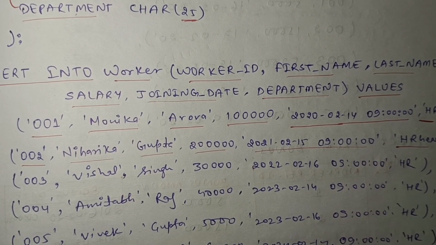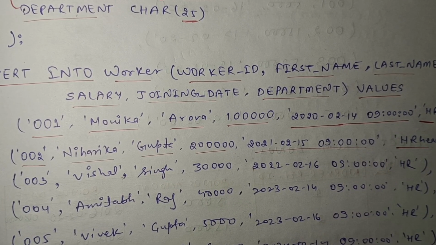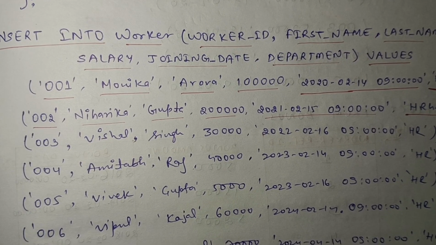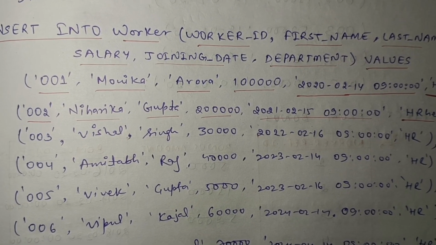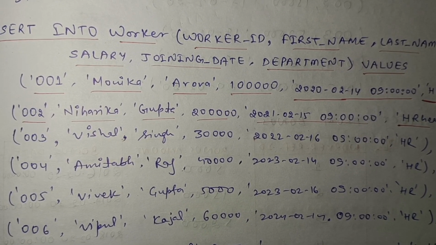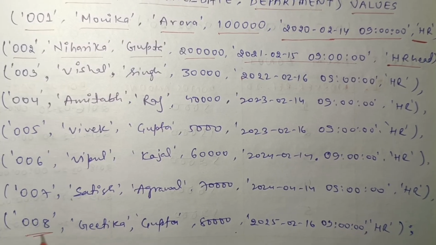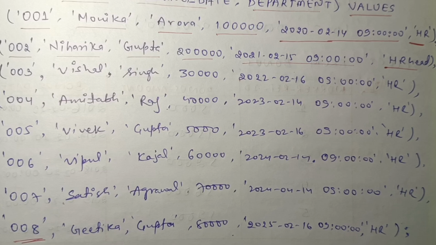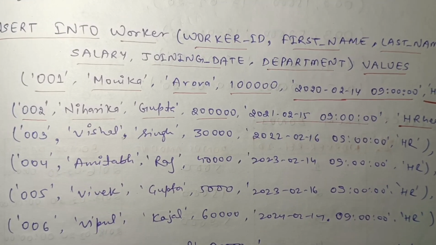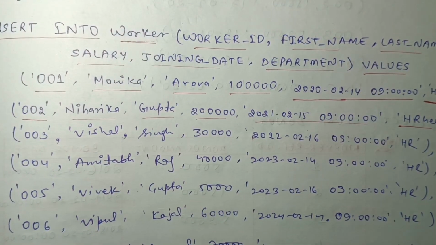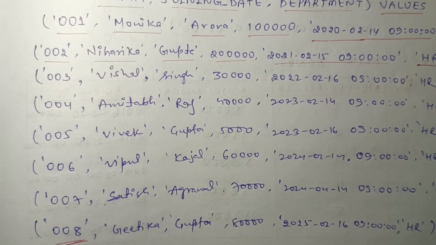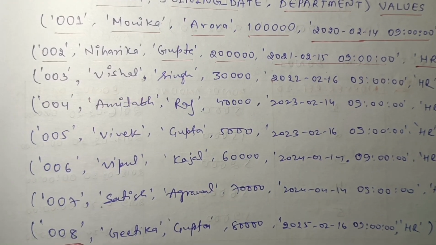So similarly we can store multiple rows as per our requirement in our table. As you can see here, I have created 8 rows in the table named worker and stored 8 rows with these values.